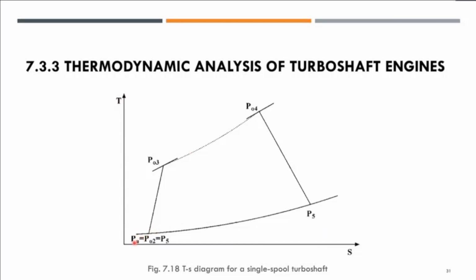We can see here at station 1, PA equal to P02, and the pressure builds up with temperature at station 3, moving into station 4 right after the combustion chamber, where the temperature is at its highest, similarly with the entropy, before it moves to the pressure at the exit, P5.